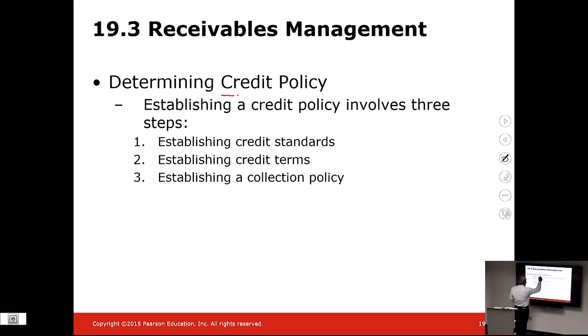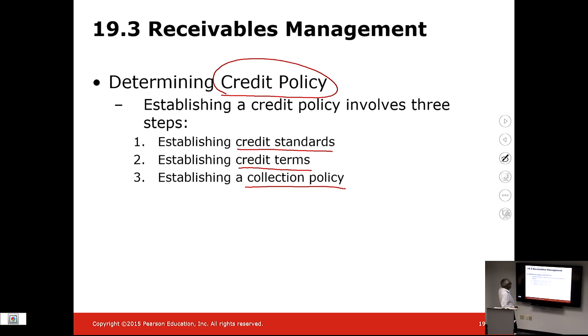So when a firm sets its credit policy, it's a policy that the firm has to set. There's no laws that govern it. It's simply adopting best practices in the business world. They have to establish who they extend these credit terms to. They have to establish the credit terms itself, the discount amount, the length of period over which that discount will be provided, and the total amount of time that they will give before the payment is fully due, establishing the entire terms of that credit policy.